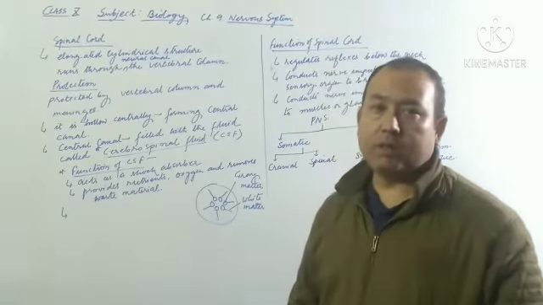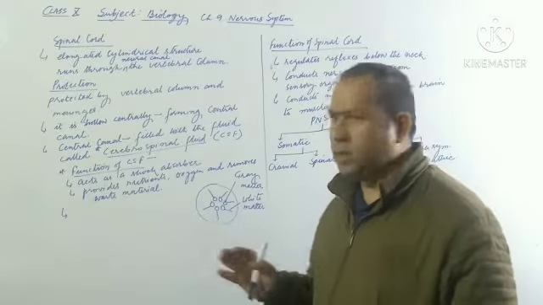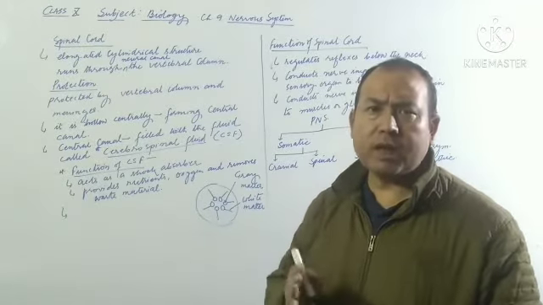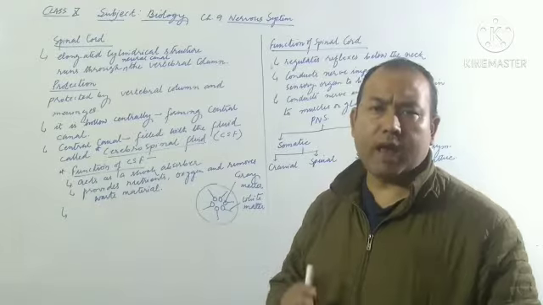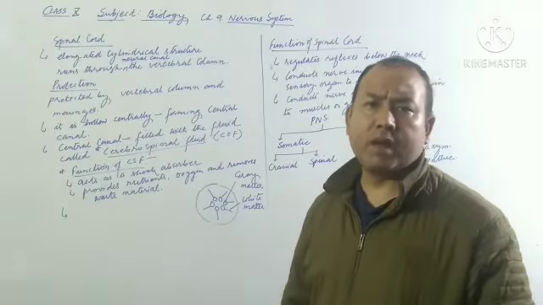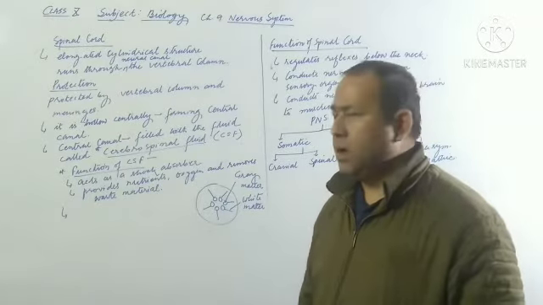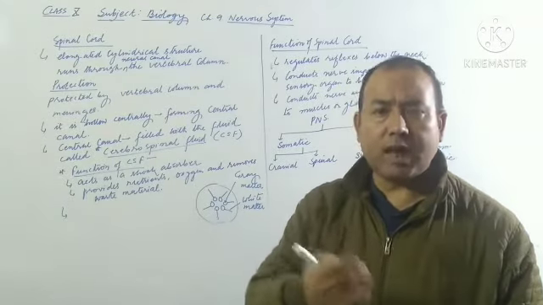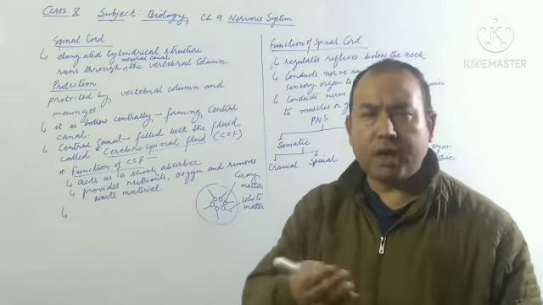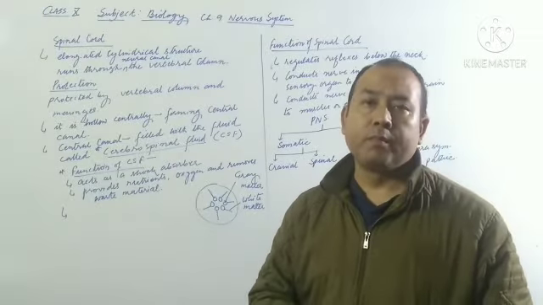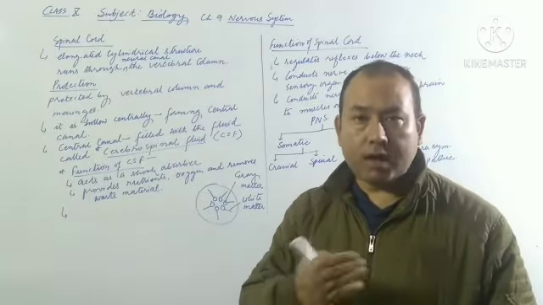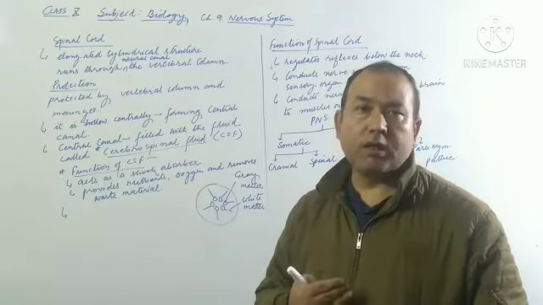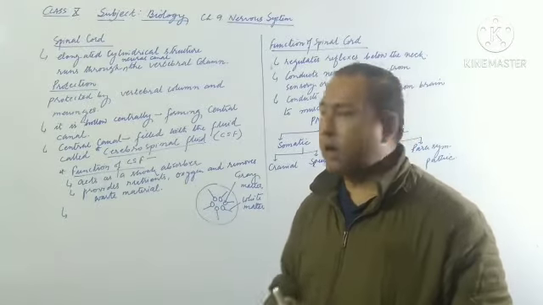Then sometimes it is asked to differentiate between brain and spinal cord in terms of the arrangement of white matter and gray matter. As we have learned in the brain, gray matter is present towards the outer side, towards the cortex region or the periphery, and the white matter is present towards the center or the medulla.